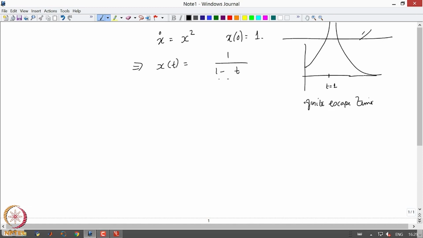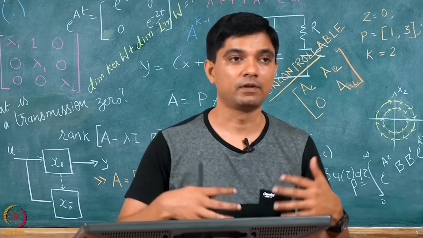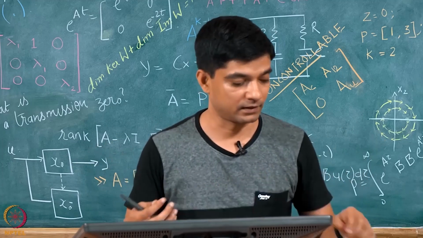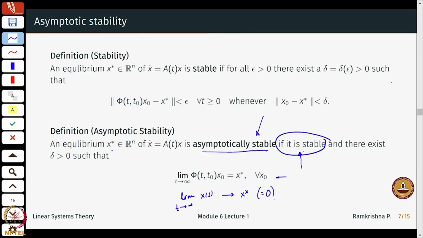It is a phenomenon not usually or almost never seen in the case of linear systems, and therefore, to have a general notion of stability, we may have to impose this extra condition that first I need to check for stability, and then I need to check what happens to the solutions as time progresses, what happens asymptotically to the system.